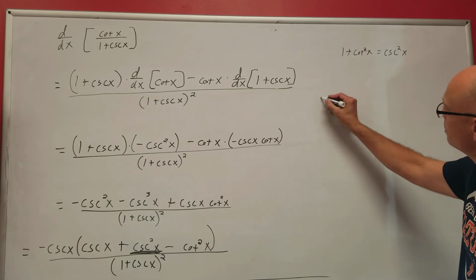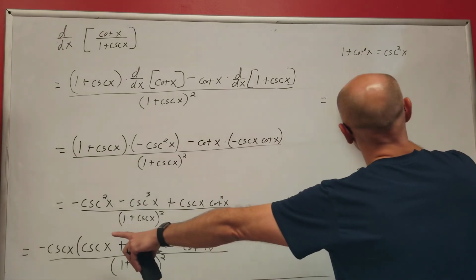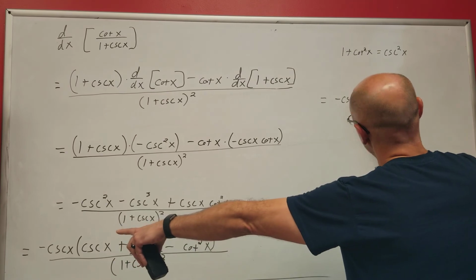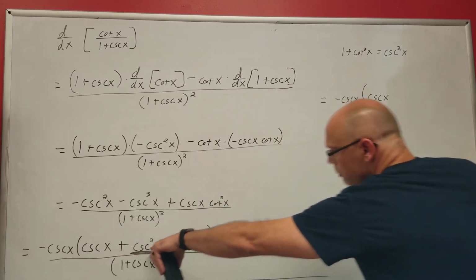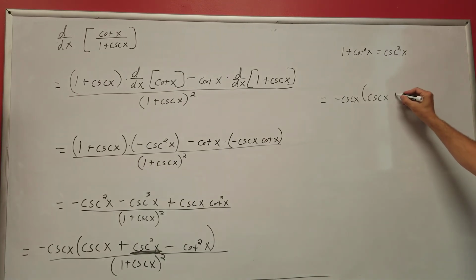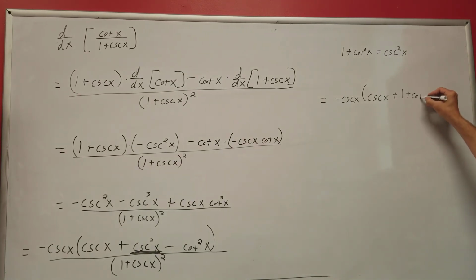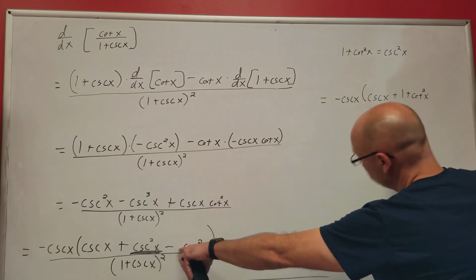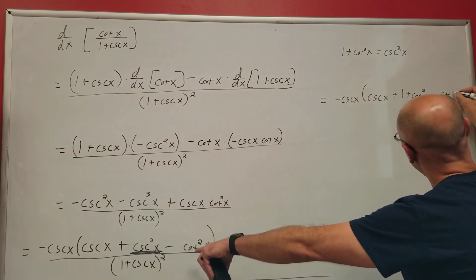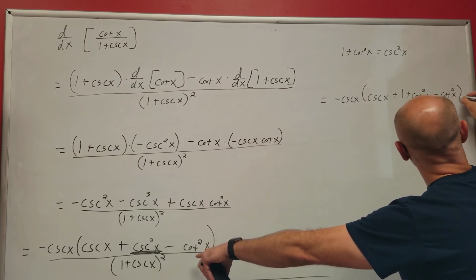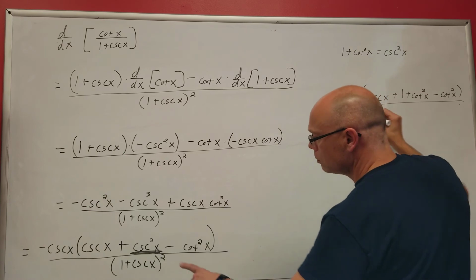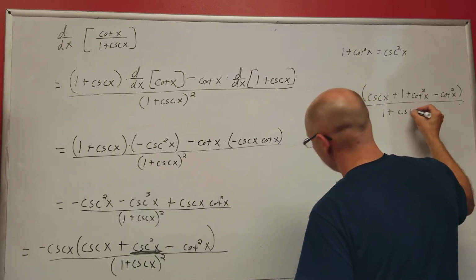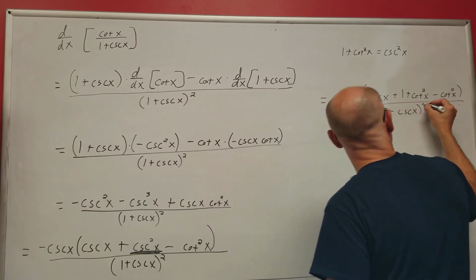So let's do so. Let's come over here. We'll say, okay, we have negative cosecant of x. Then we have cosecant of x from here. And then right here, we're going to call that plus 1 plus cotangent of x squared instead of cosecant squared, minus cotangent of x squared that comes from here, all over 1 plus cosecant of x quantity squared.